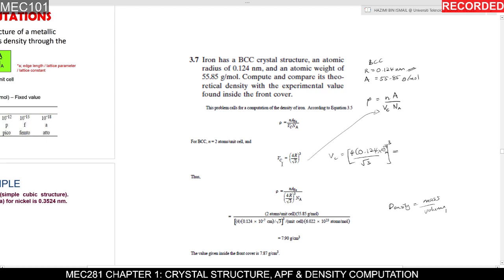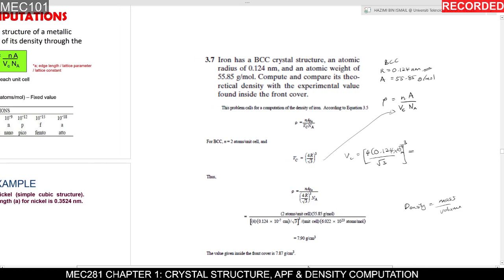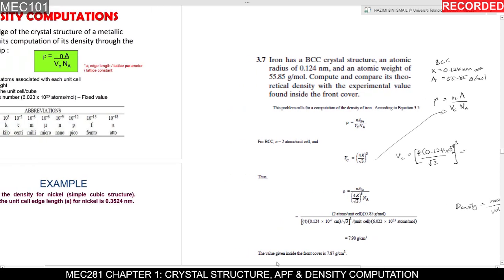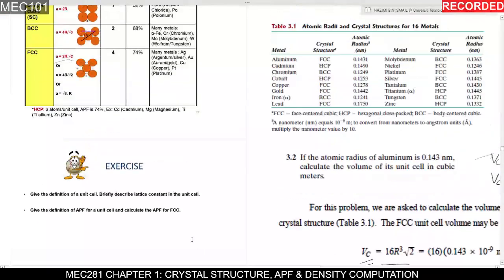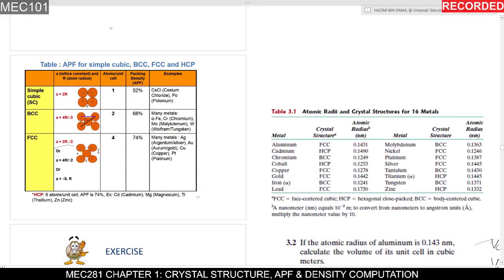To calculate the VC volume, you must first determine the crystal structure, whether it is BCC, FCC or SC. Based on that, we can know how many atoms are in the unit cell.